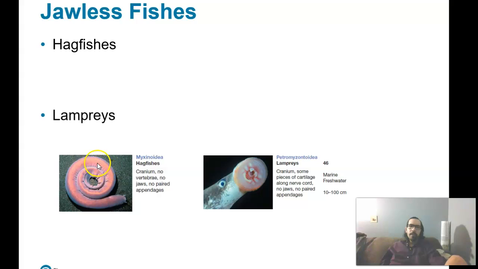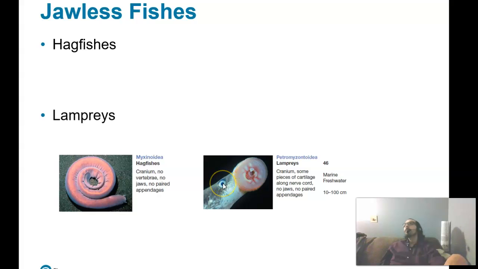Okay, but these animals do have a cranium, but they have no vertebrae. Okay, and they also have no paired appendages.